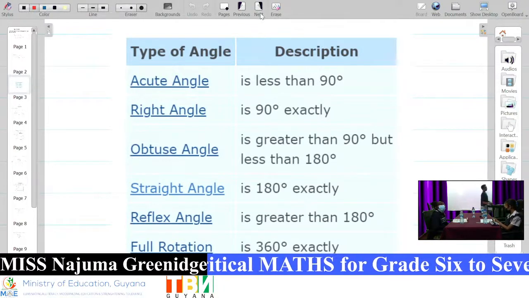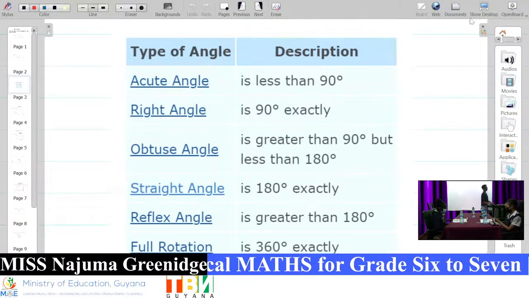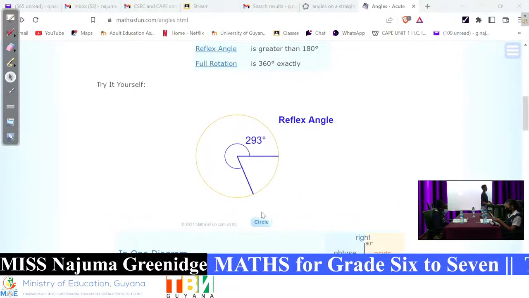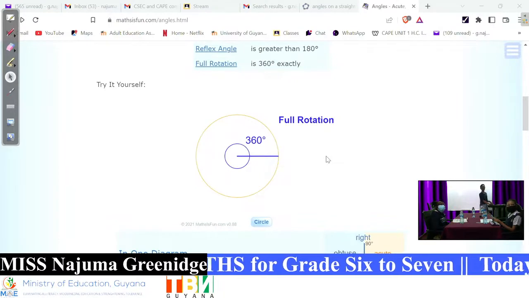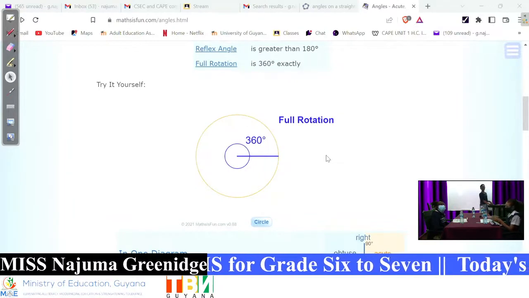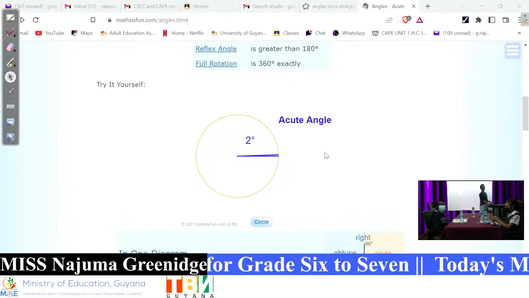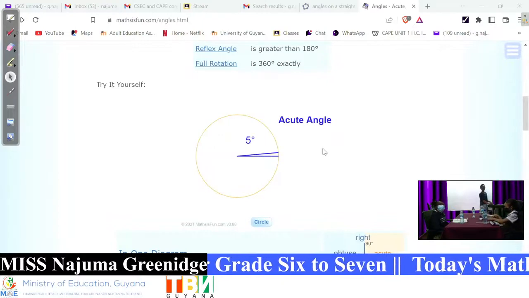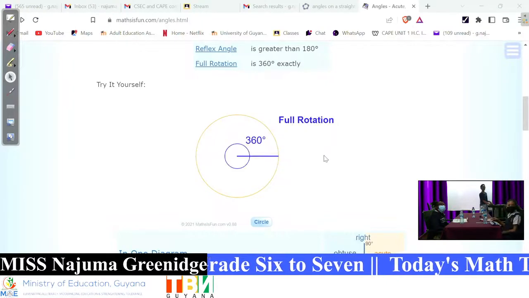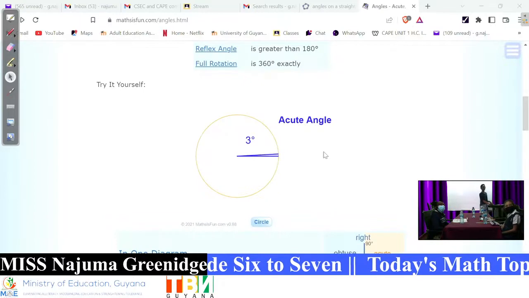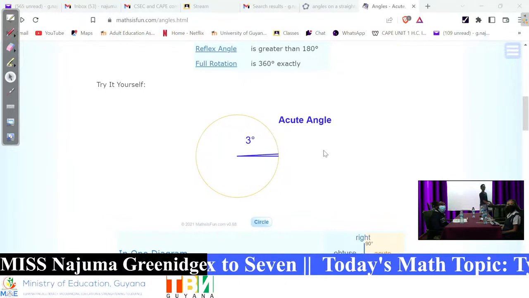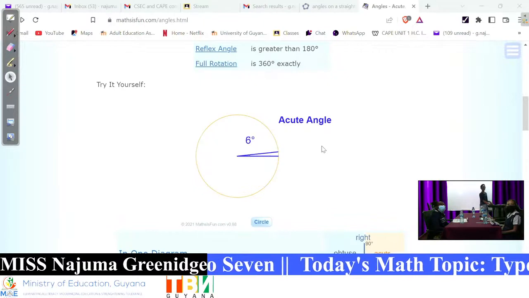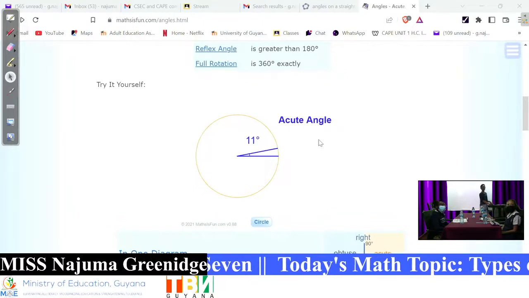All right, so let's see a little bit of manipulation here. So I'm going up. You notice our acute angle: you can have an angle of 1 degree, 2, 3, 5, 6, all the way up.